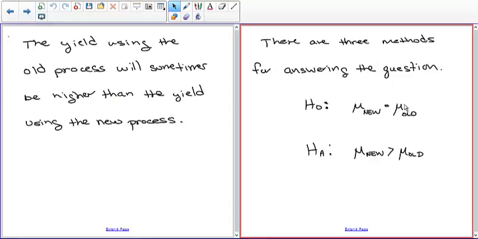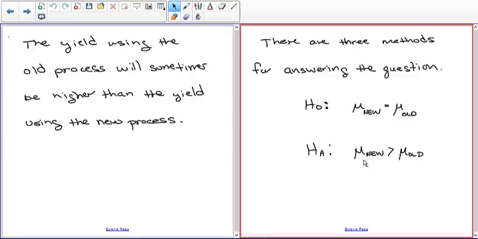So this is our null hypothesis, that the population mean of the new process is equal to the population mean of the old process. Our alternative in this case is that the population mean for the new process is greater than the population mean for the old process.